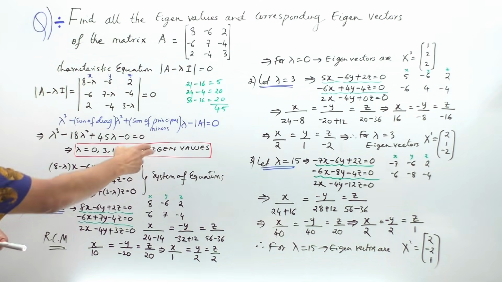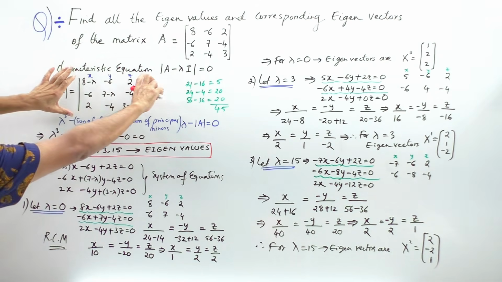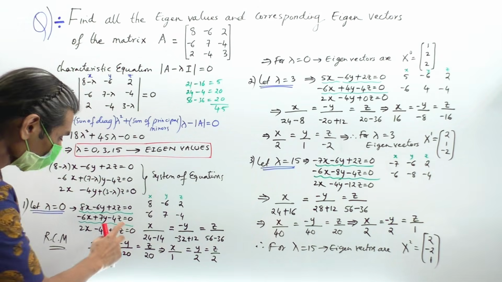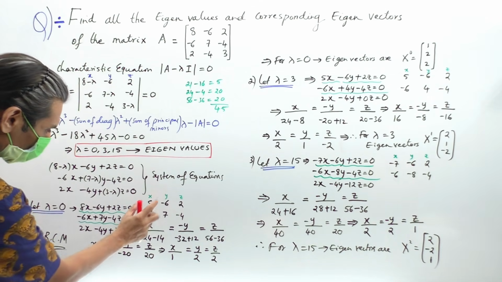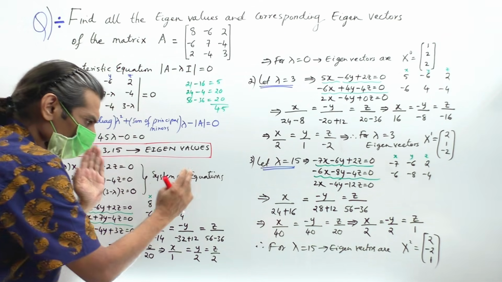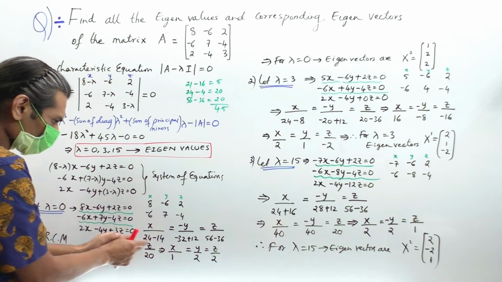Okay, so get the eigenvalues. Now for each eigenvalue there is a corresponding eigenvector. So we put first lambda 0 in this, we make an equation out of this, in which we use only the first two rows. That's enough for the RCM method. I hope you understood this now clearly. So I explained it here again in an easier way. So for this x: 8, minus 6, minus 6, 7 and 2, minus 4.